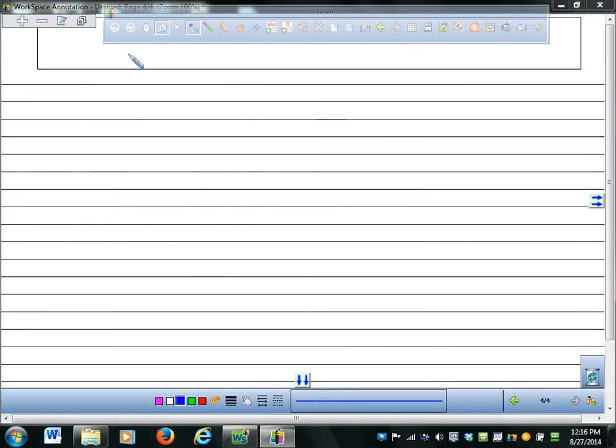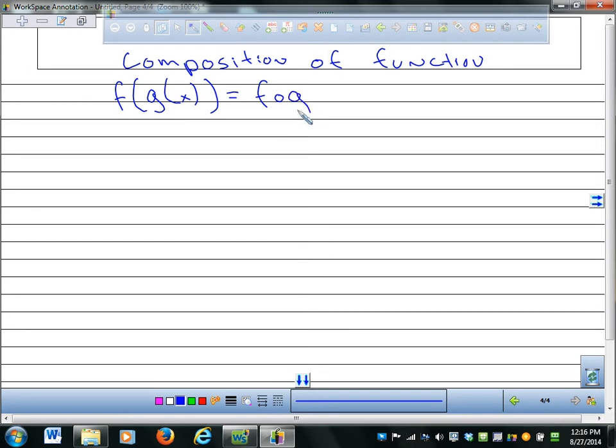Compositions of functions, which can be a little bit more involved. This is when you see stuff like f of g of x, so it's written a little bit differently. It's f of g of x, like that, which is equal to f, and there's a little symbol, a bigger dot with a hole in it, okay?